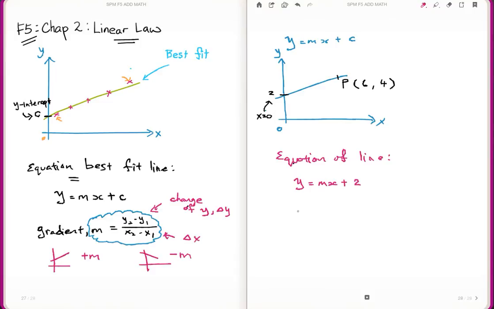In order to get m, I would define this as x1, y1, and this as x2, y2. So therefore it would be 4 minus 2 over 6 minus 0. That would be 2 over 6. Therefore, my equation is y equals 1/3 x plus 2.